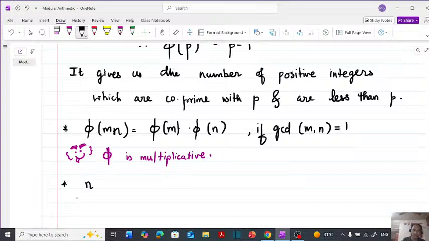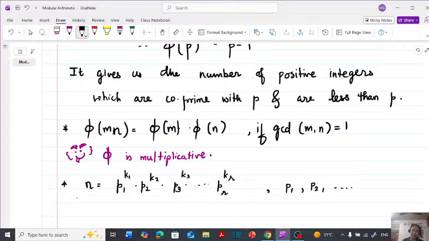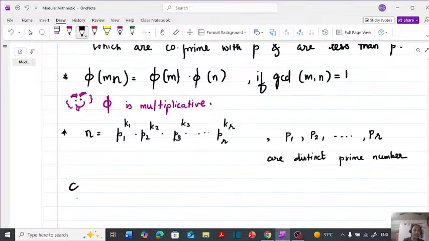So, if n is written as p1 power k1, p2 power k2, p3 power k3, and so on up to pr power kr, where p1, p2 and pr are distinct prime numbers, then I can calculate phi n.